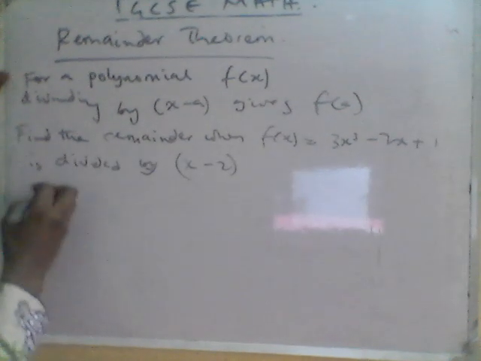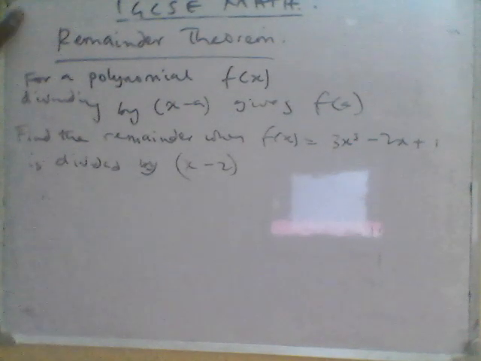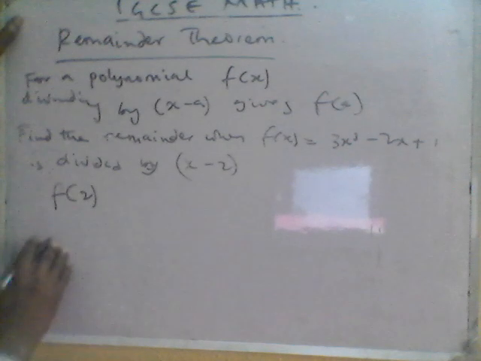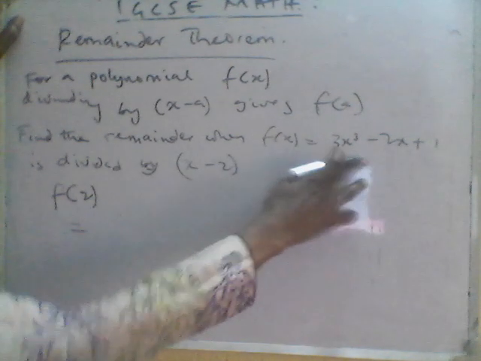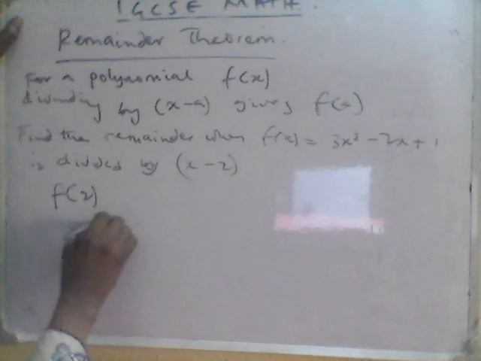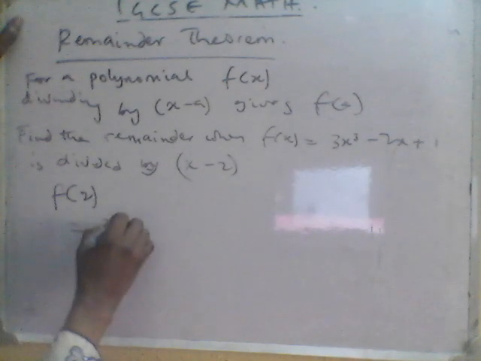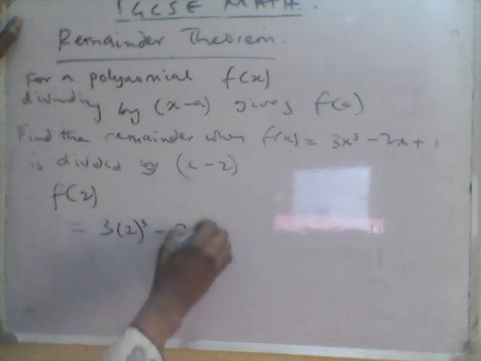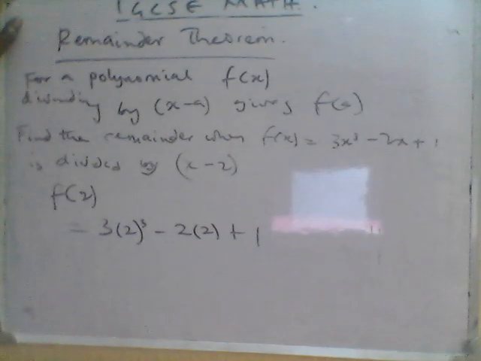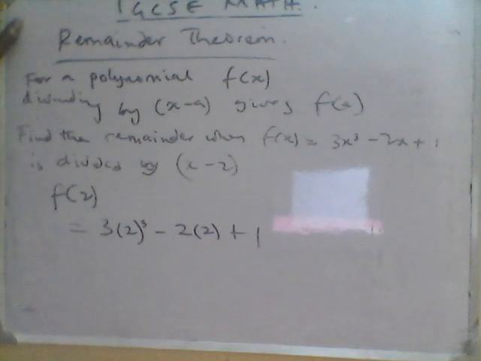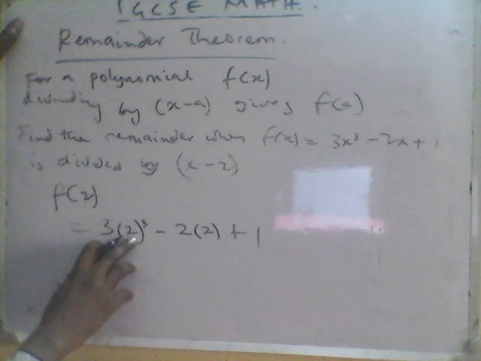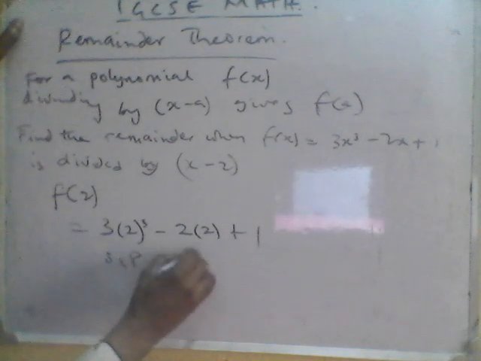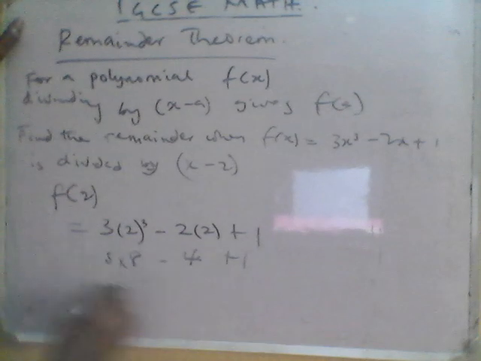So I can now say, therefore, f of 2 will be, anywhere I see x, I put 2. So it's 3 times 2 cubed minus 2 times 2 plus 1, right? This is 2 times 2 times 2, that is 2 to the power 3 is 8, times 3, minus 2 times 2 is 4, plus 1.